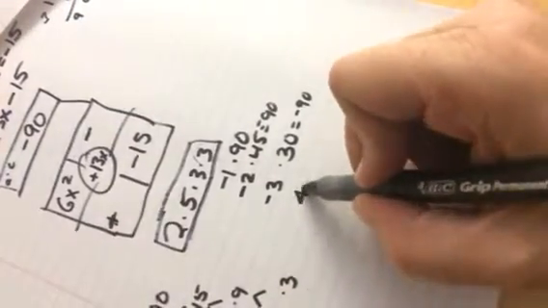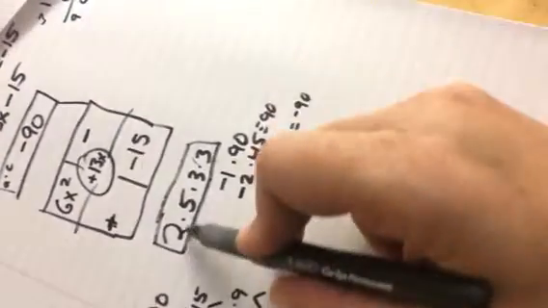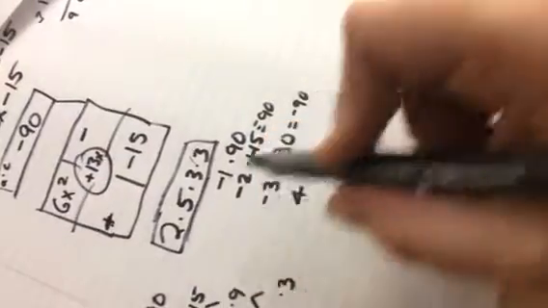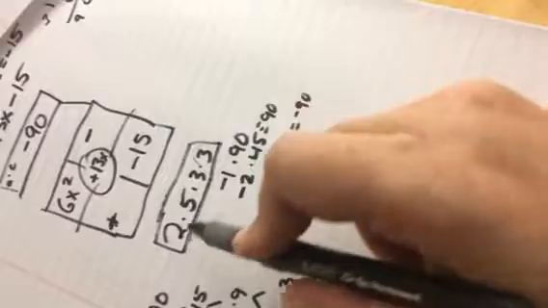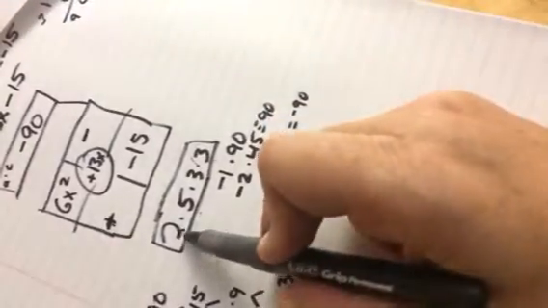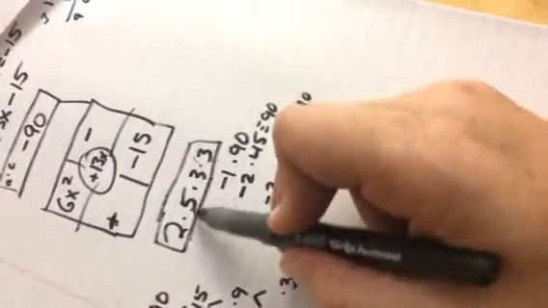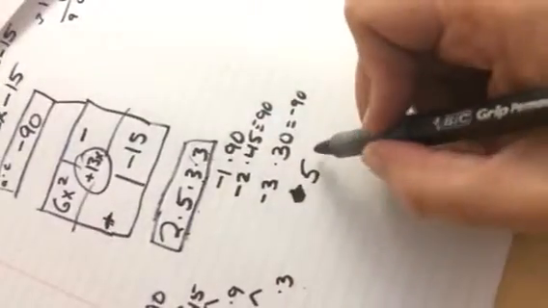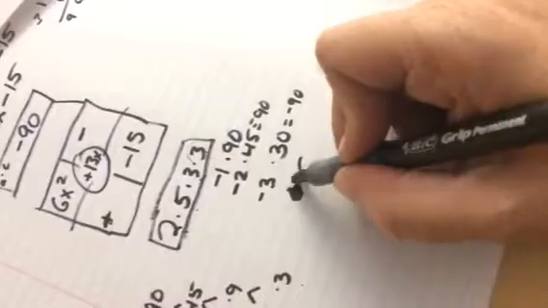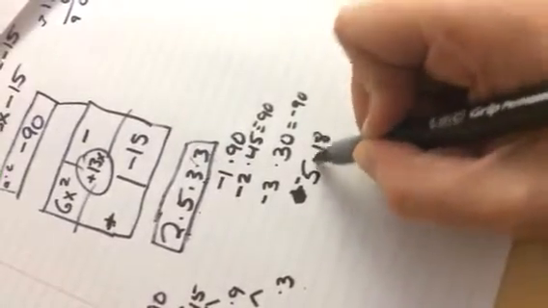What about 4? If I look at these factors, there's no way to get a 4 from these factors, so I can ignore 4. What about 5? Well, 5 times 2 times 3 times 3. So 2 times 3 is 6, times 3 is 18. What about negative 5 times 18?